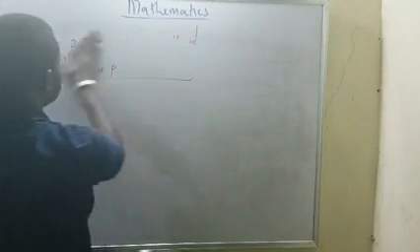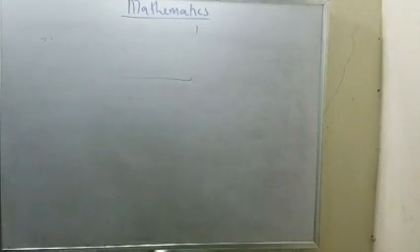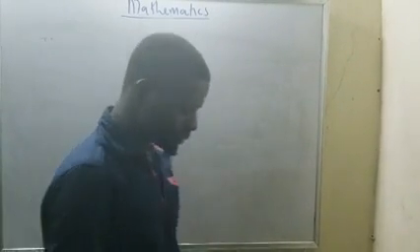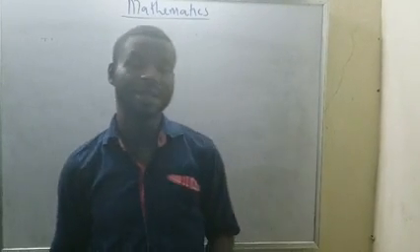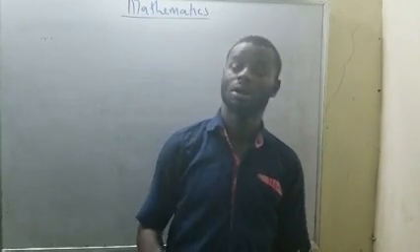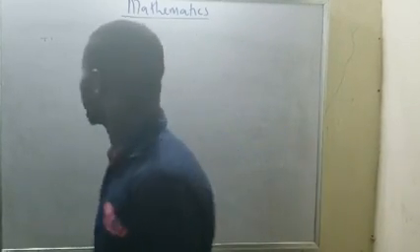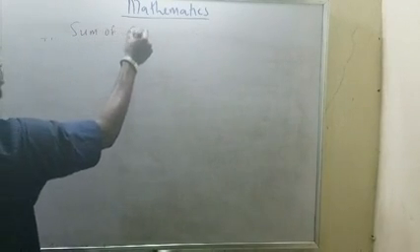Now, let me quickly explain sum of AP and GP. When we talk about sum of AP, this is not the same thing as positioning. We are talking about a series, which means series or sum.